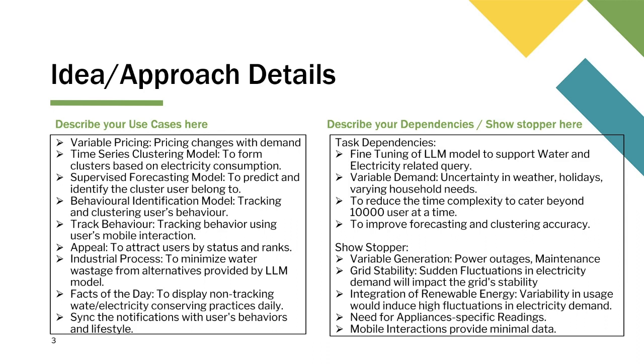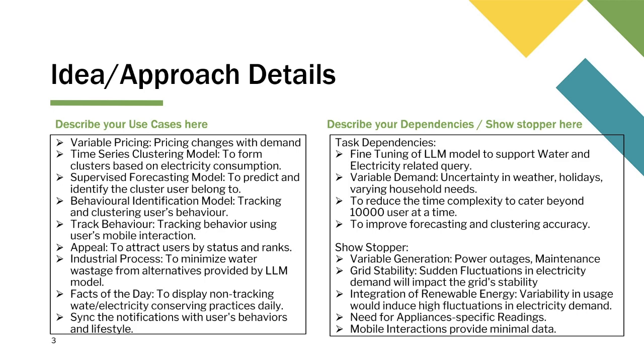Now, the integration of renewable energy. As we already discussed with the example of solar panels during the rainy season, solar panels would be particularly useless and the users' demand would be totally dependent upon electricity from the government power plants. Due to that, the electricity demand on rainy days would suddenly spike and lead to grid instability, and thus the problem.